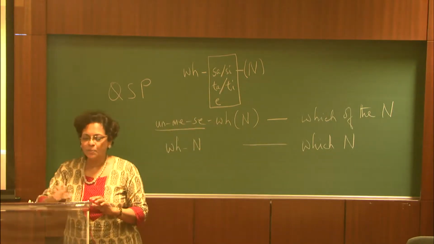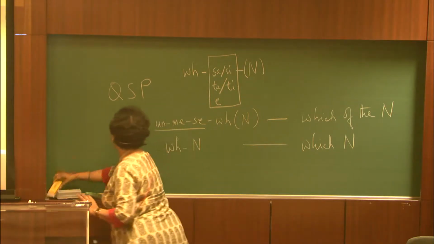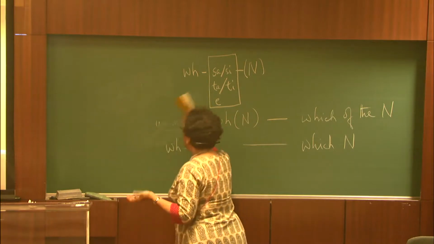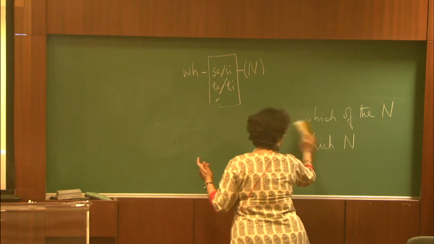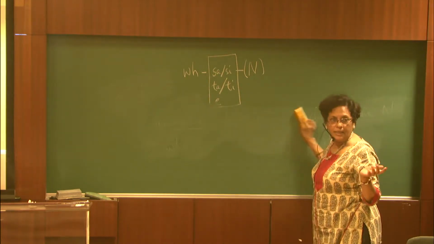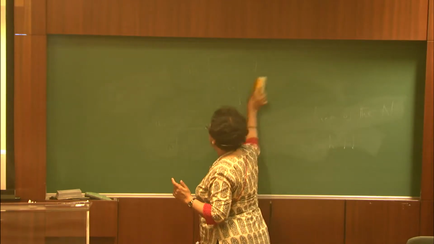Let's get started on polar kya. So what I'm going to discuss today is the distribution. And I already know that the distribution of Hindi kya is different from the distribution of something similar in Gujarati, right? That's what we just discussed. And there may be other differences.